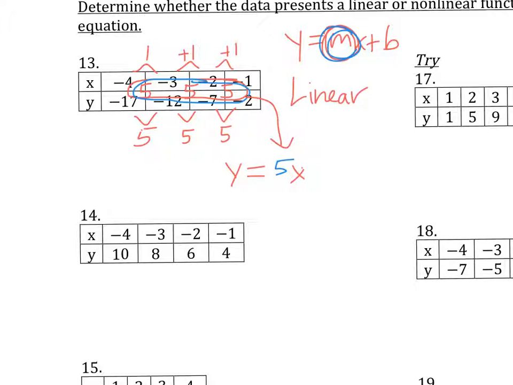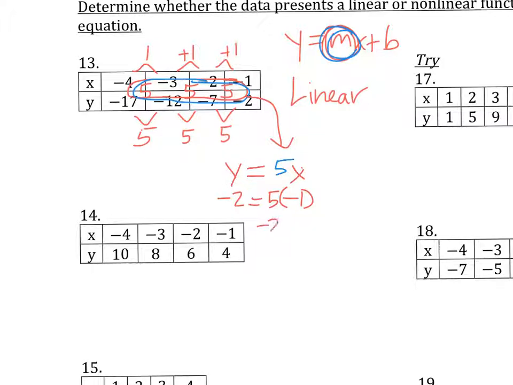And then our y-intercept is found by just plugging in an ordered pair. So look for your favorite ordered pair out of these. I would probably pick the smallest one with the smallest numbers, negative 1, negative 2, and plug those in. So negative 1 goes in for the x, and negative 2 goes in for the y. So all I did was plug in what I have.